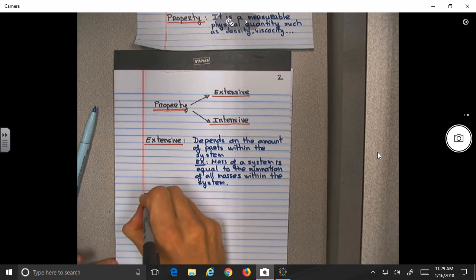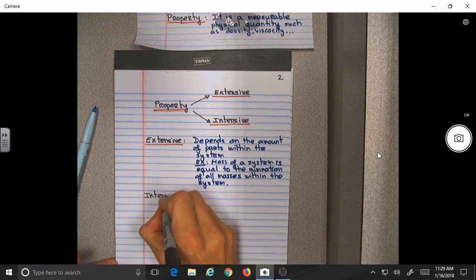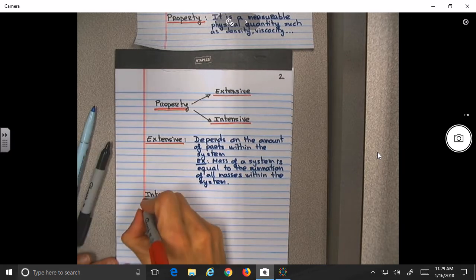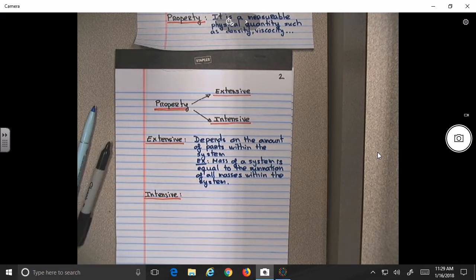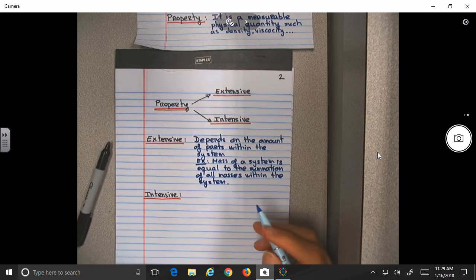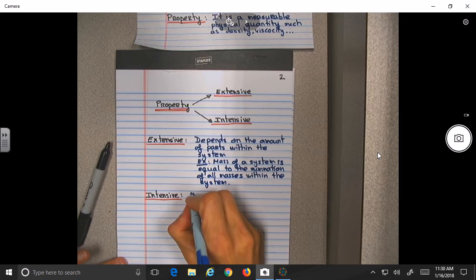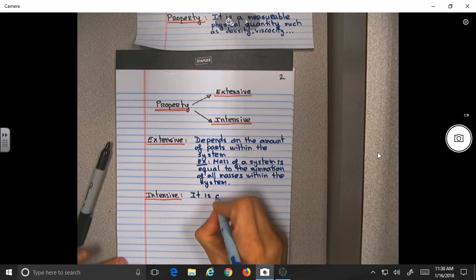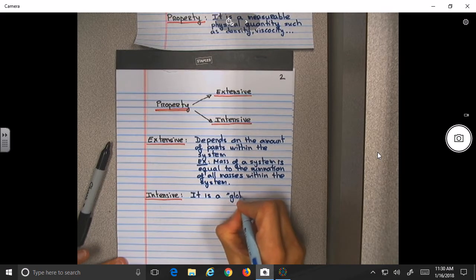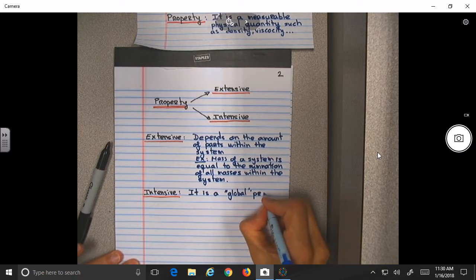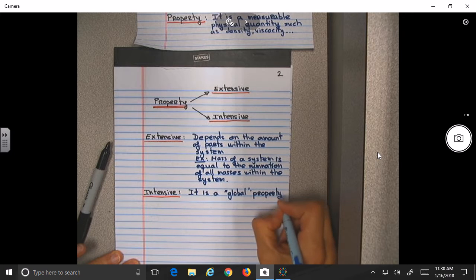And the intensive, what do we say? So it's not extensive. Let's make it very simple. It is a global property.